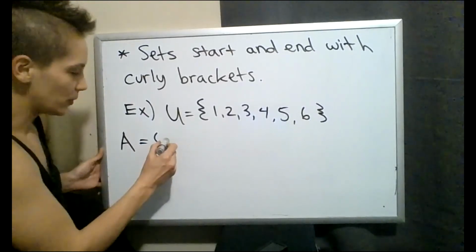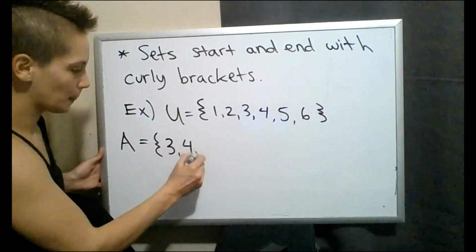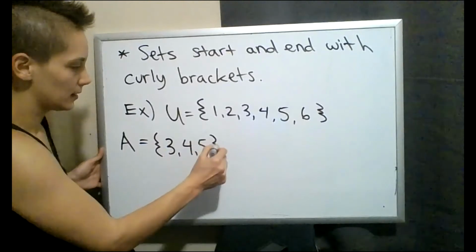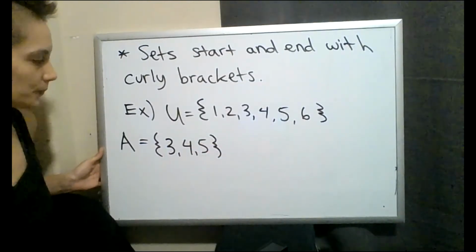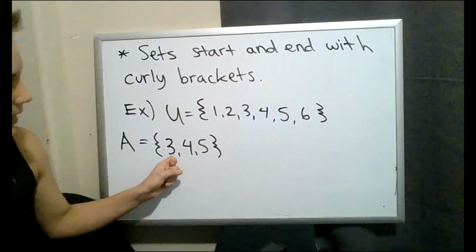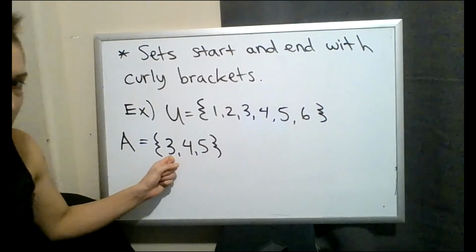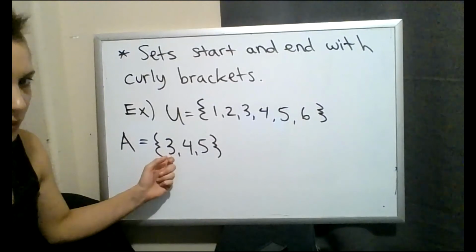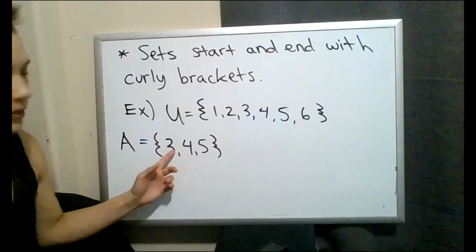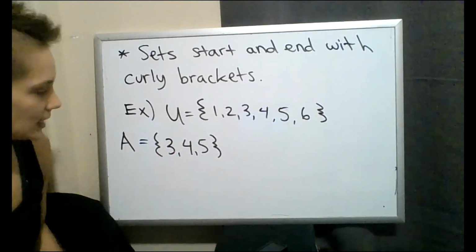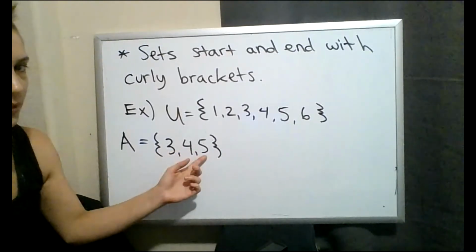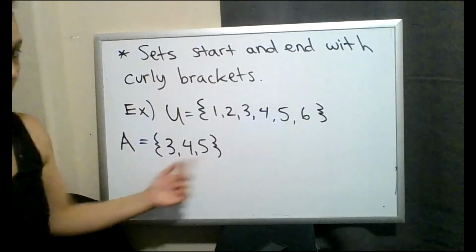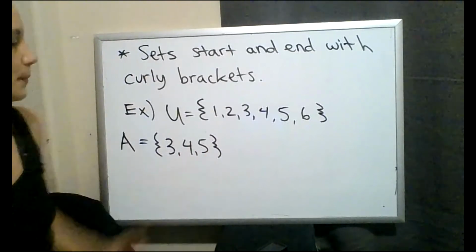We're going to have 3, 4, 5. Close the set with a curly bracket. I just want to say you don't need to repeat elements. So if you have 3 as a repeat, just one 3 is needed. And they don't have to be in order. It could be 4, 3, 5, just as long as each element is there inside your set.